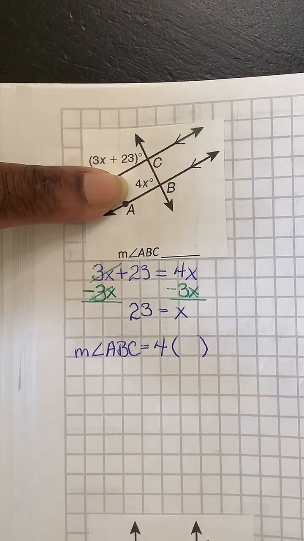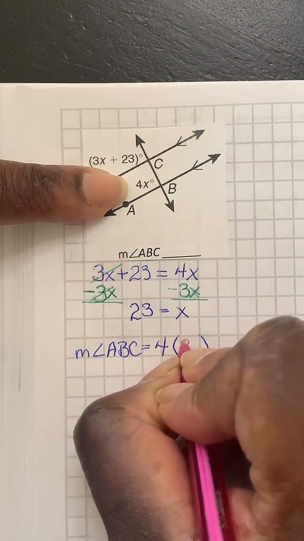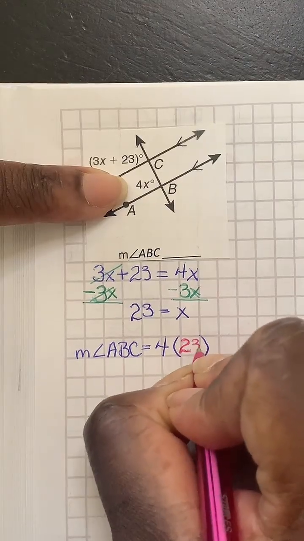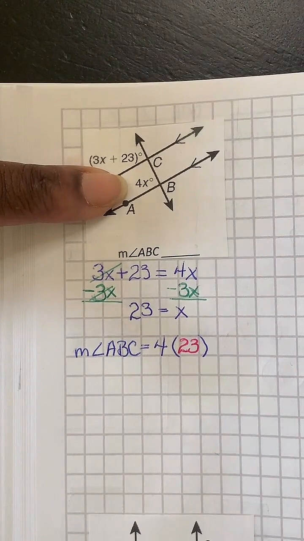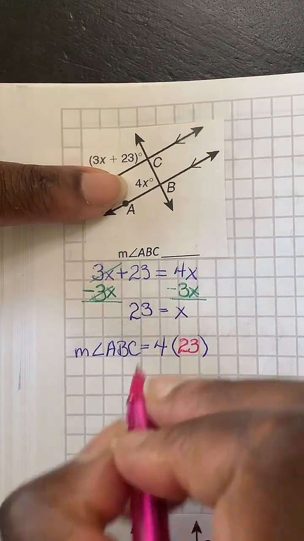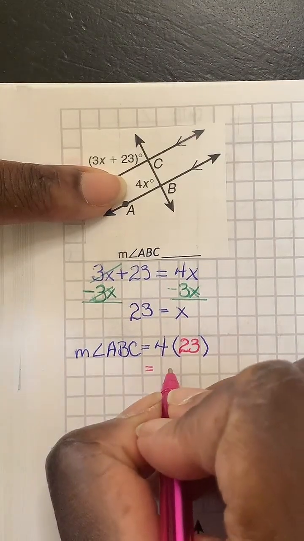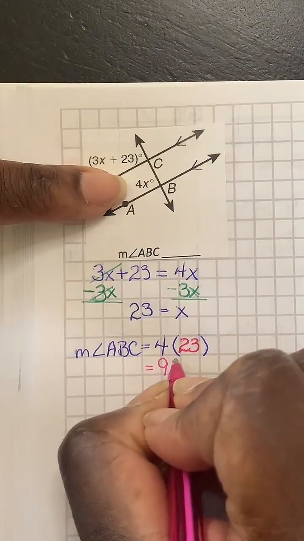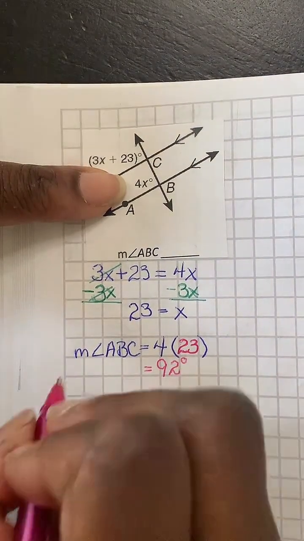And this is when we're replacing that x with the 23. So we got our 12 carry over. So that's why the measure of angle ABC is going to be 92 degrees. Don't forget your degree symbol.